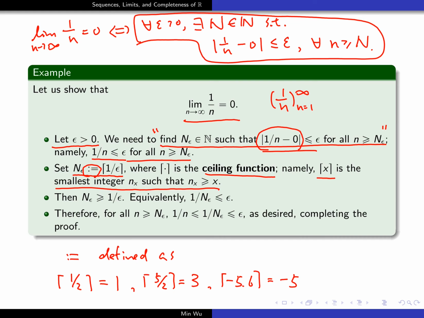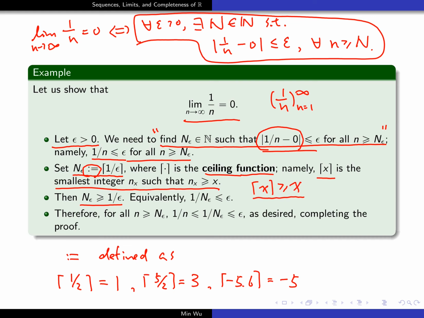The reason why we take the ceiling function is because we then have this property. Because we know that the ceiling function of x is always greater than or equal to x. Let me rewrite it. Hold on. So the ceiling function of x is always greater than or equal to x.